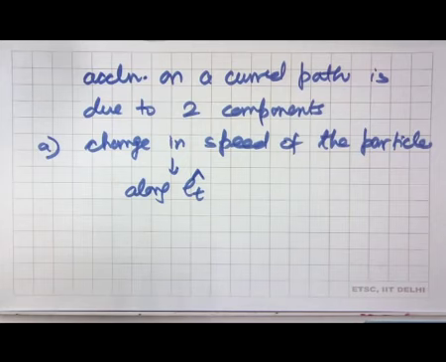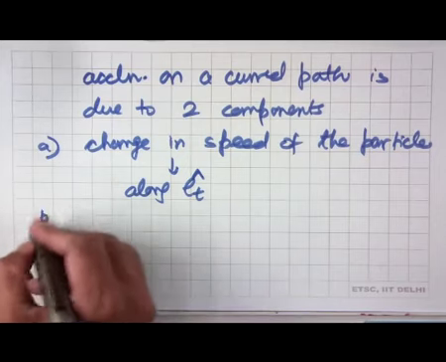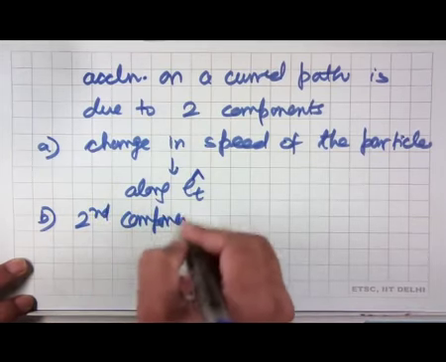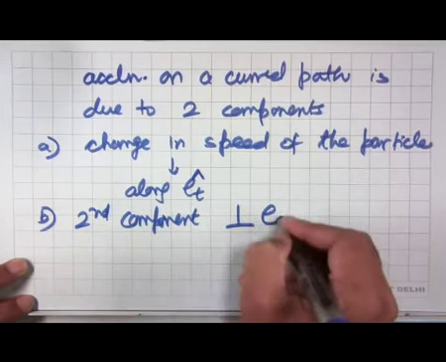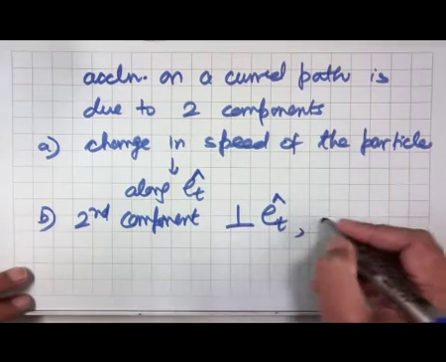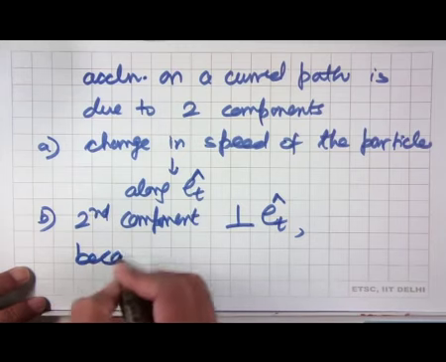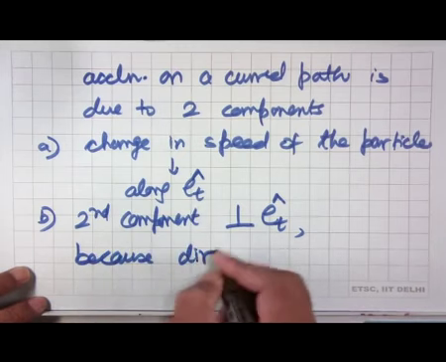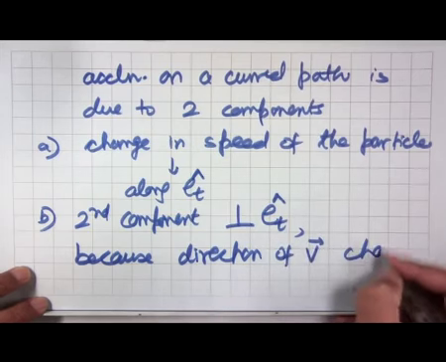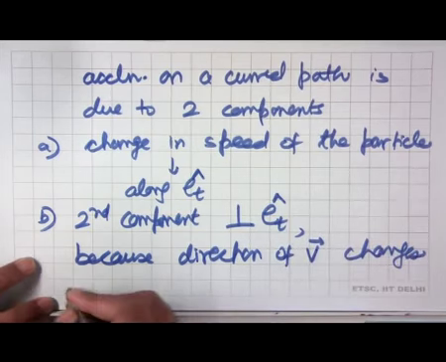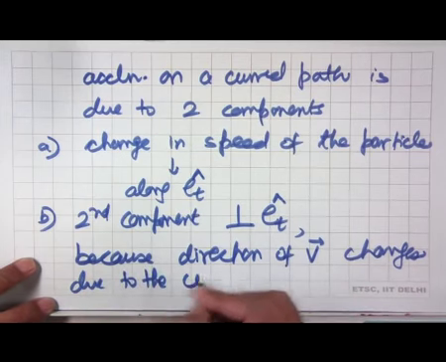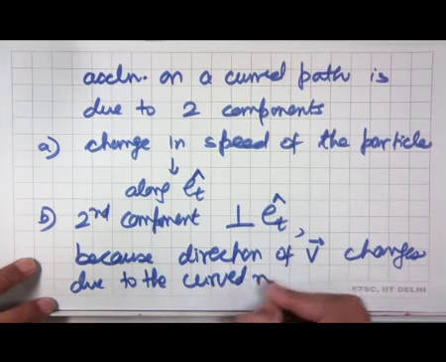But in addition to this, we have a second component of acceleration which is perpendicular to this direction, and this comes because the direction of velocity changes due to the curved nature of the path.